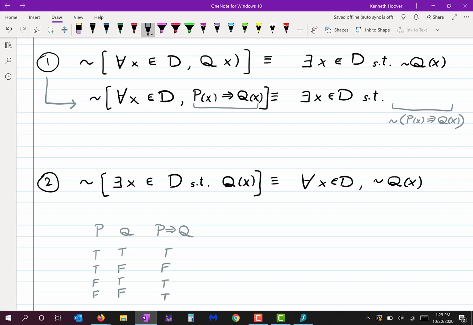So there's P implies Q. I want to negate that, which means every true turns into a false, and every false turns into a true. Now I'm going to erase that middle column. I don't need to look at that anymore.